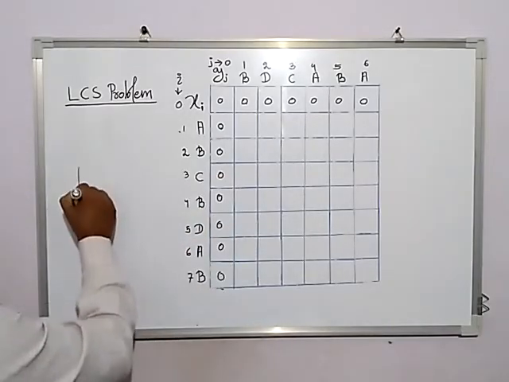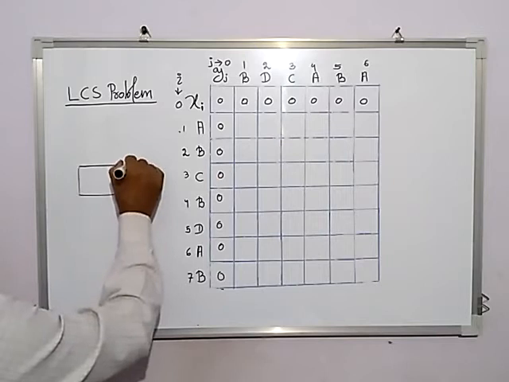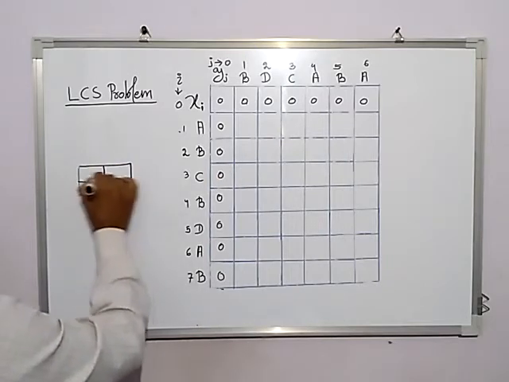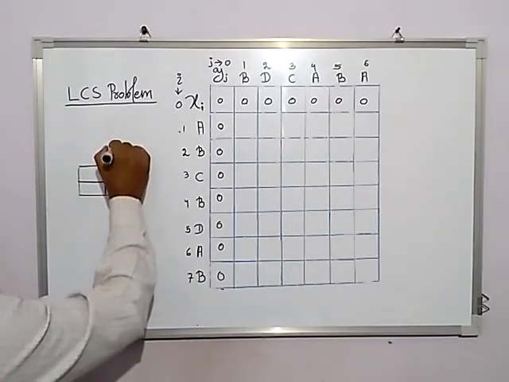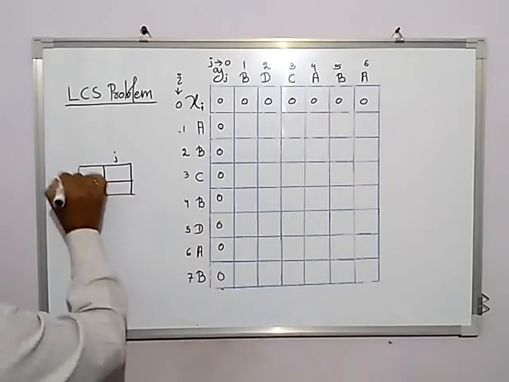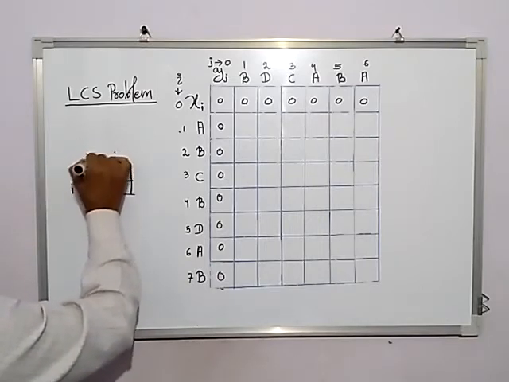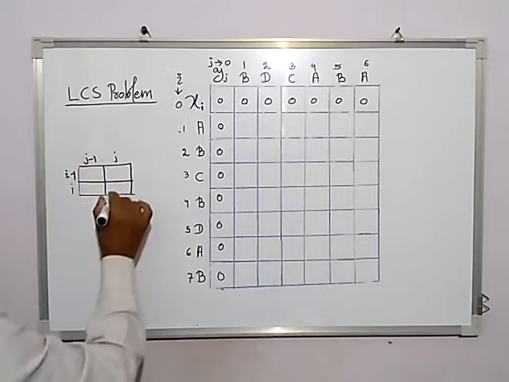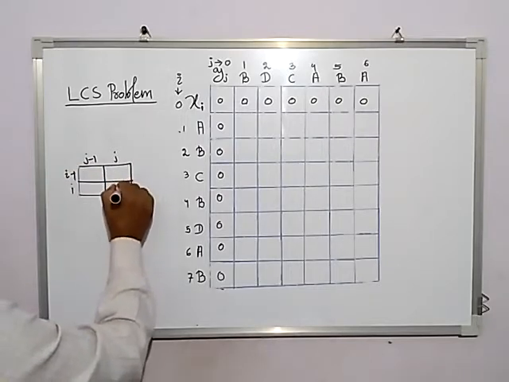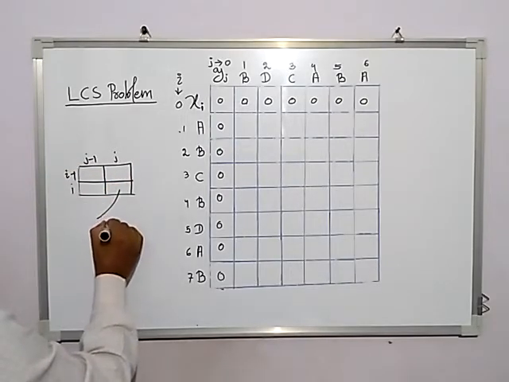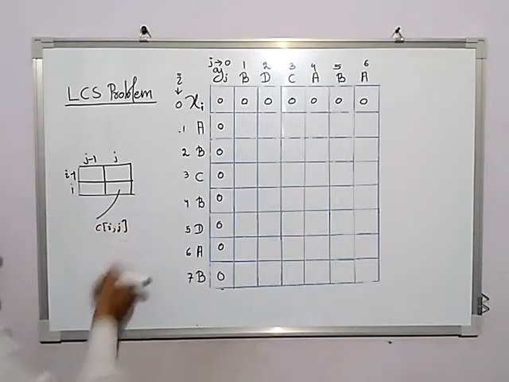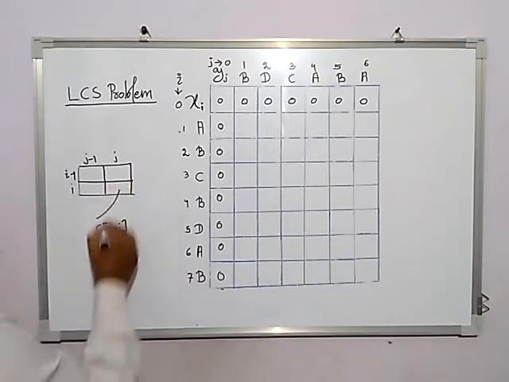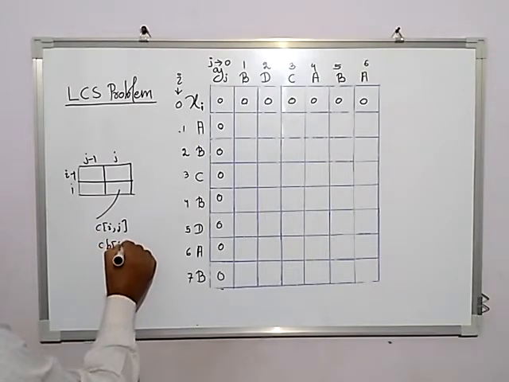So what is the procedure to find out the value for each entry? Suppose this is j column, this is i row, this is j minus 1 and this is i minus 1. So for C table, this entry is C of ij. For B table, it is B of ij.